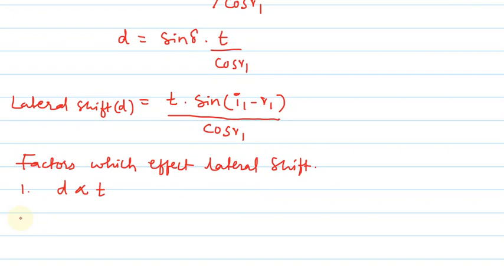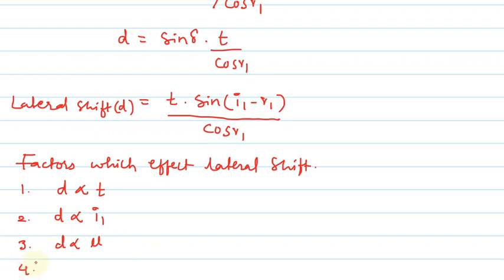Second factor is that lateral shift is directly proportional to the angle of incidence, I1. So greater the angle of incidence, greater is the lateral shift. Third factor is that lateral shift is directly proportional to the refractive index of the glass slab. So greater the refractive index of the glass slab, greater is the lateral shift.